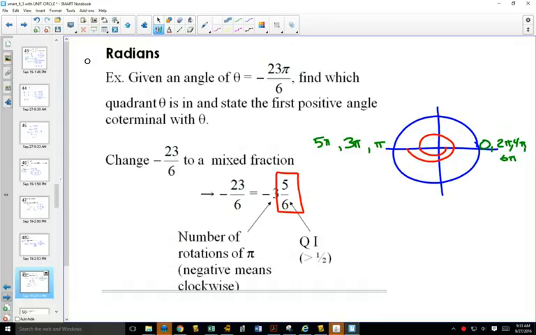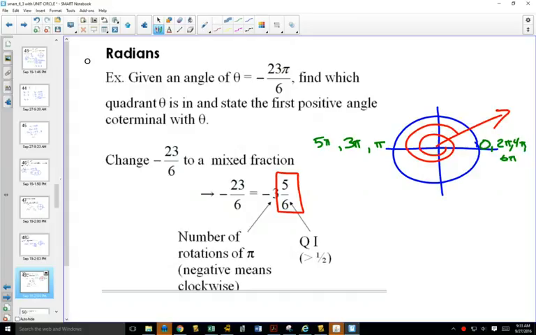So if we're going 3 and 5/6, the 5/6 is going quite a bit more than half, so it's going to end in quadrant 1. So if we can change things first to a mixed fraction, and then figure out what quadrant it's going to be in, that's going to help us.